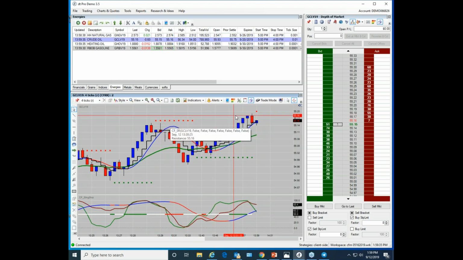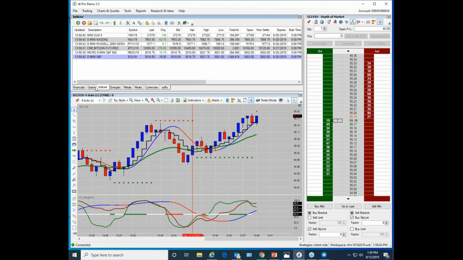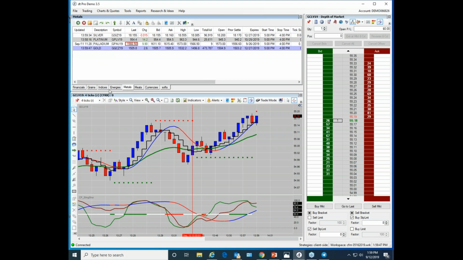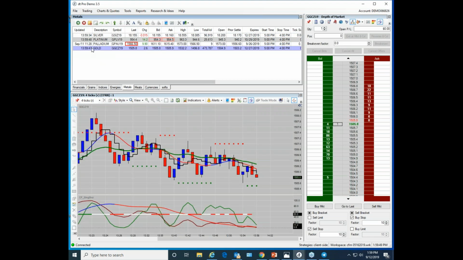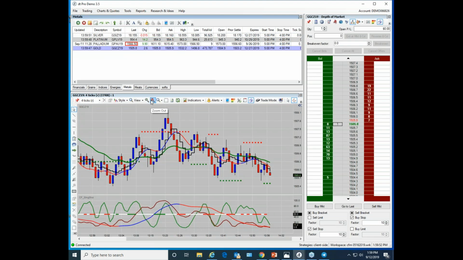Yeah, we spent some time over here, but I want to see more energy than this. See if we can find something else before we hang up here. The gold is just dead, so there's nothing to do there.